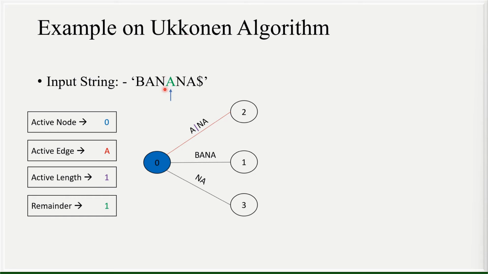Now we are coming towards the interesting part of Ukkonen's algorithm. As you can see, we already had A. So immediately, there are 3 things which will happen. The active edge will be changed from N, which was the root node, to A, because now we are interested in A, and whatever the next characters will be added, they will be added along the active edge only.